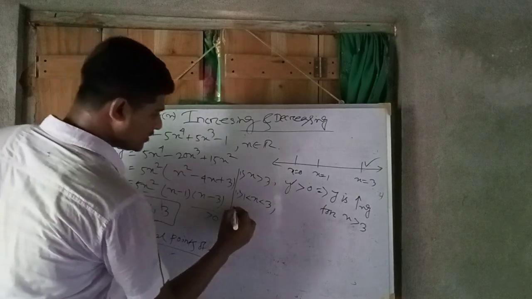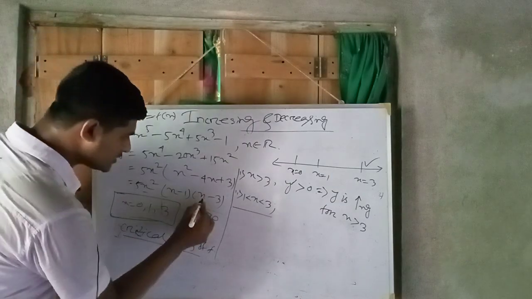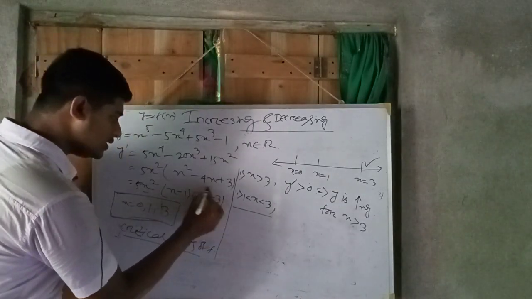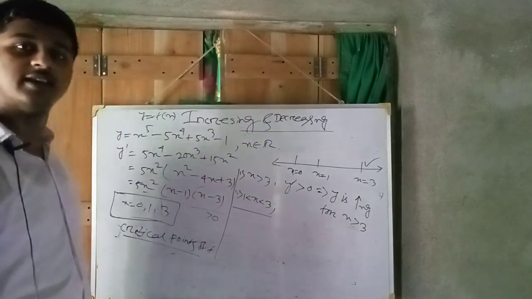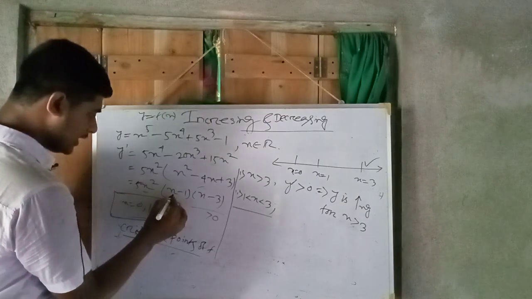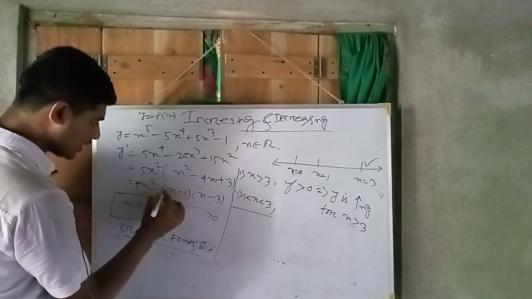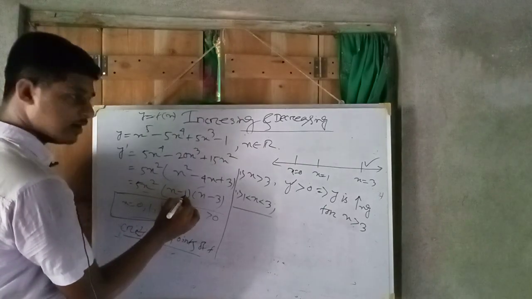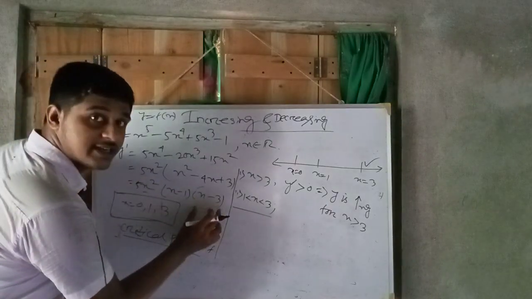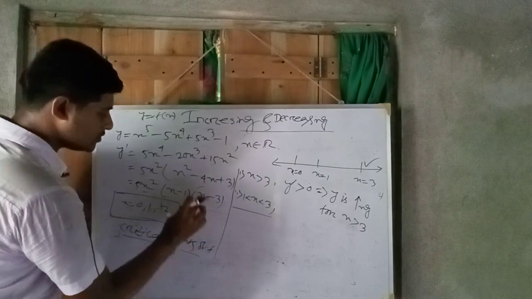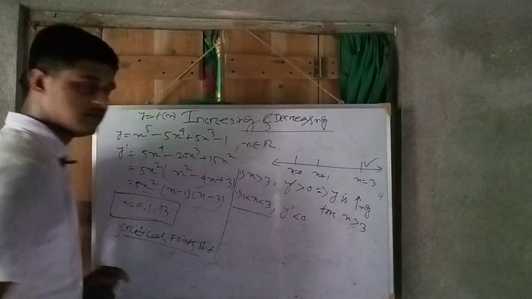In this interval, we observe that when x is less than 3, this term x minus 3 is a negative number. x minus 1, when x is greater than 1, is positive, and this is also positive. So positive into negative, this represents the sign of y dashed, less than 0. This is very simple.